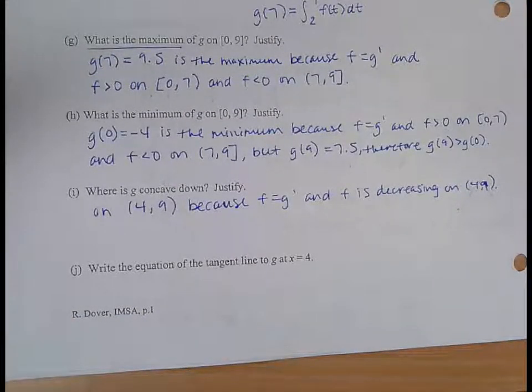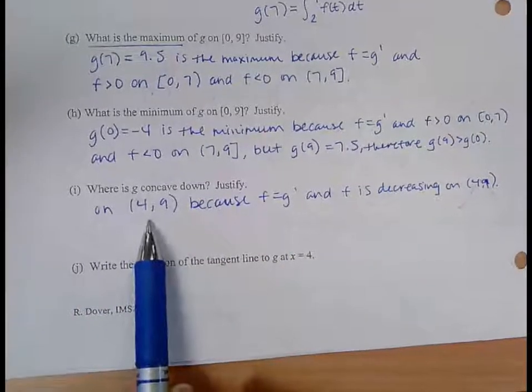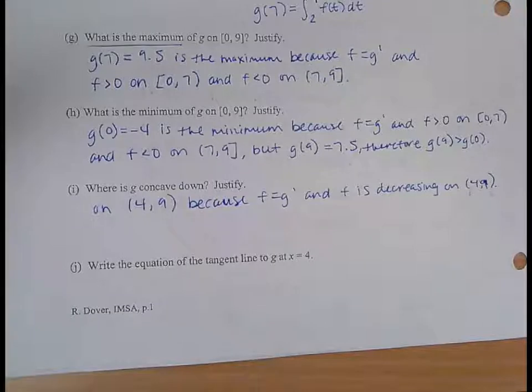Usually if it asks for a justification, this would probably be a 2-point question: 1 point if you got the interval right, and then the second point for your reasoning. So usually if you still have the right answer, you get some credit.